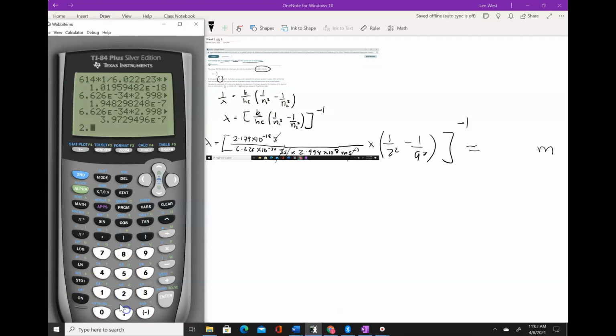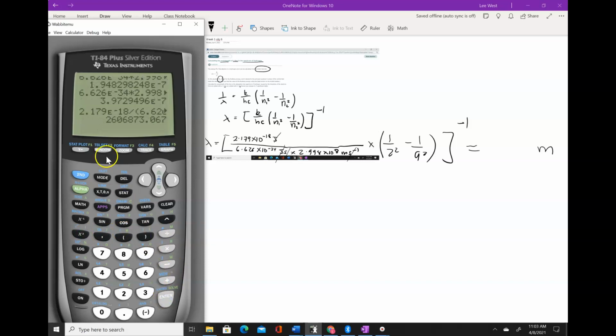So 2.179 by 10 to the -18 divided by parentheses 6.626 by 10 to the -34 times 2.998 by 10 to the 8, close parentheses, open new parentheses, 1 on 2 squared minus 1 on 9 squared, close parentheses.